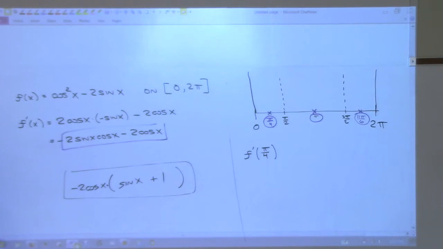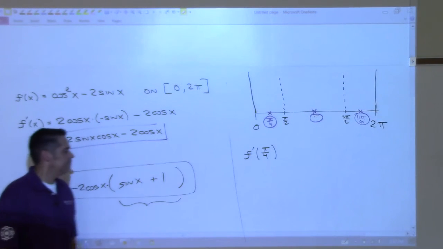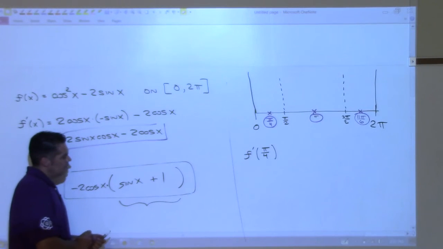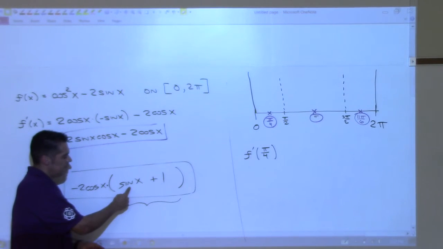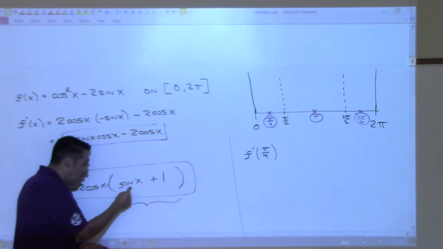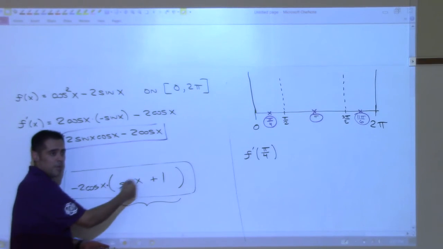Is there anything you can tell me about this right here, without even me telling you what x is? What's the biggest that this could be? If I do 1 plus 1, it's 2, right? What's the smallest this could be? -1, which would mean that we put it together as 0, right?